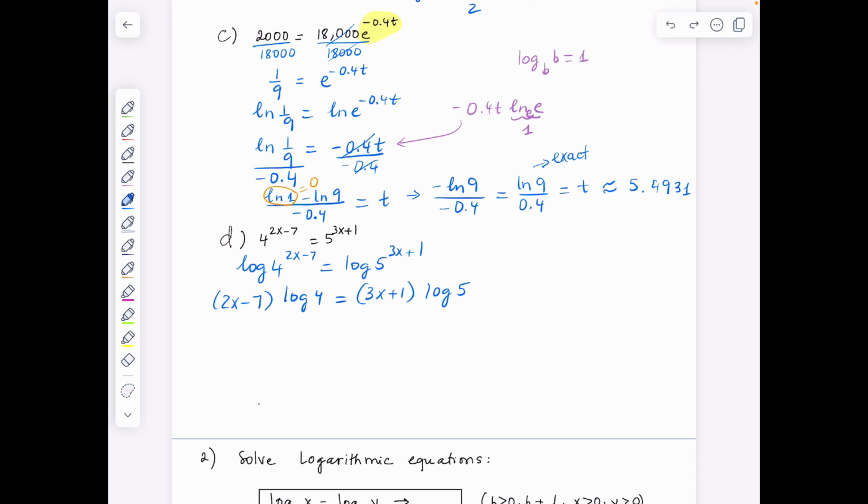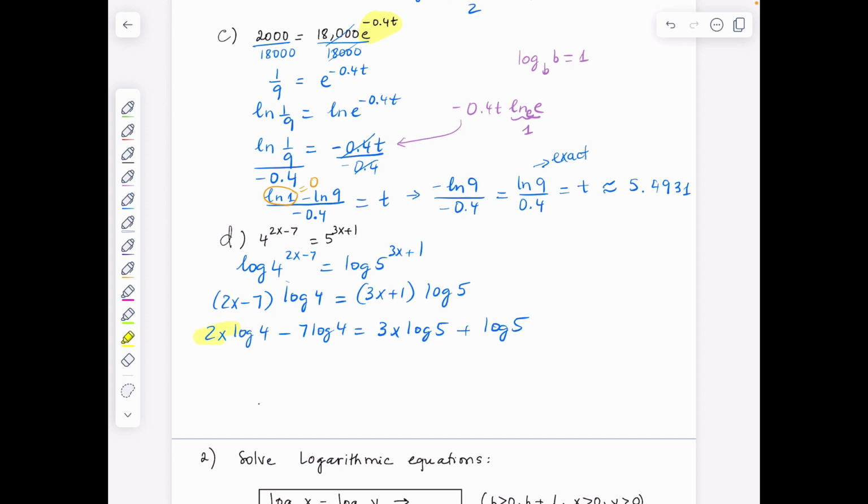So to do this, I'm going to distribute the log of 4 to each of the terms in here. Now remember, log of 4 and log of 5 are just constants, so treat them like constants. So when I distribute, I have 2x times log 4 minus 7 times log 4. And over here, I have 3x times log 5 plus 1 log 5, which is just log 5.